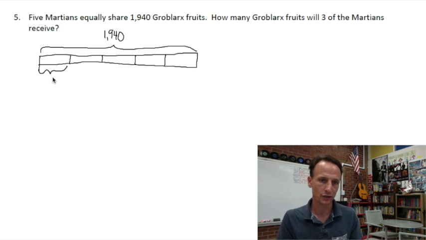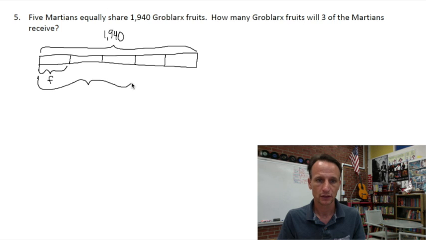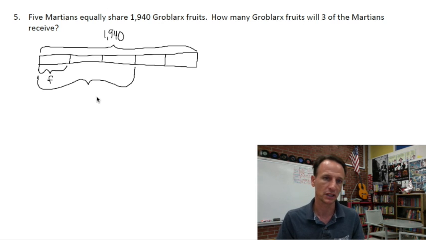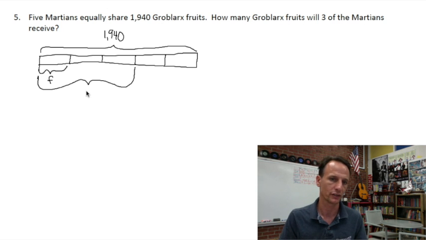So we'll call this F for how many fruits will 1 get. But I want to include in my tape diagram, just to be clear, what I'm really trying to solve for: how many fruits will 3 of the Martians receive? And I'll call that T for 3.